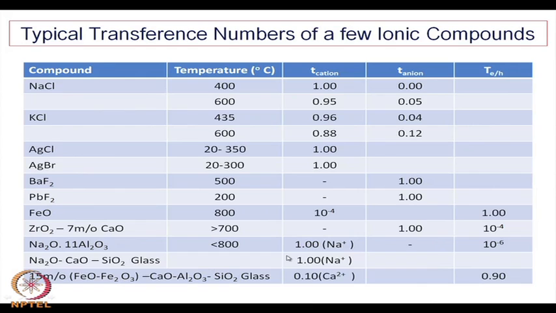So, that more or less completes our discussion on ionic conductivity and also the electrical conduction in oxides or ceramic materials. To just summarize, we have discussed the various concepts of conduction mechanisms and the basic theories to explain the conductivity of different solids, whether metals, elemental semiconductors or some of the insulators.